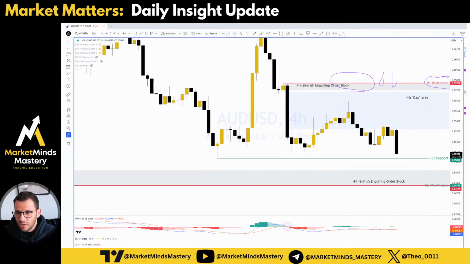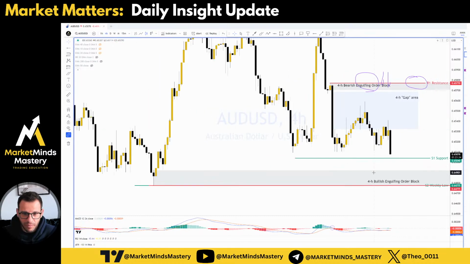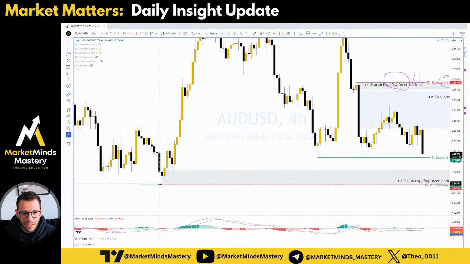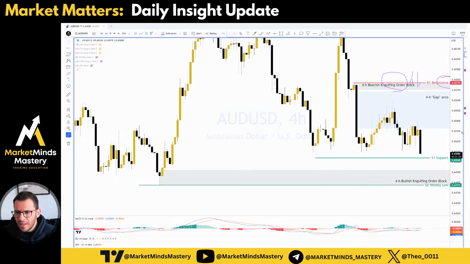If the price is going to enter this region, where there is an order block, this order block here from this decline, then the price is going to react in two ways.